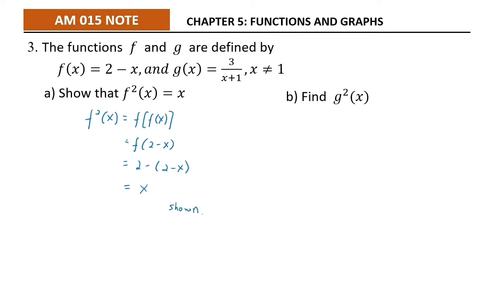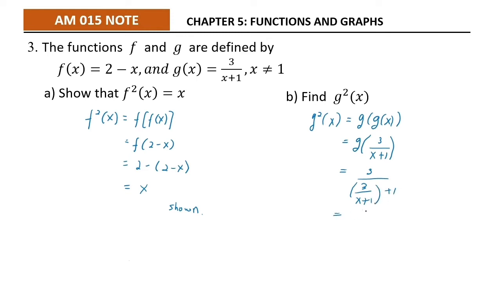Next, find g squared x. So g squared is equal to g of g(x). g is 3 over x plus 1. And then substitute g into g, we have 3 over x, where x is now 3 over x plus 1, plus 1.